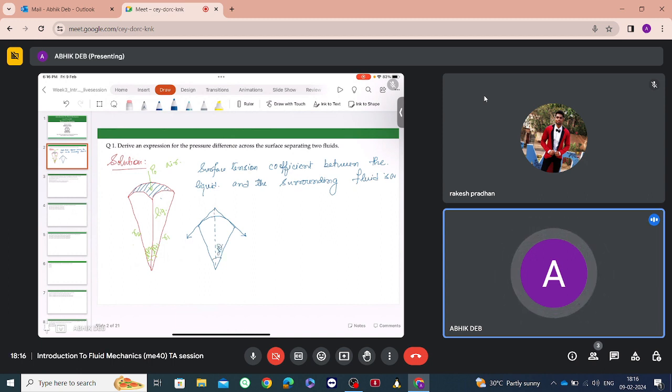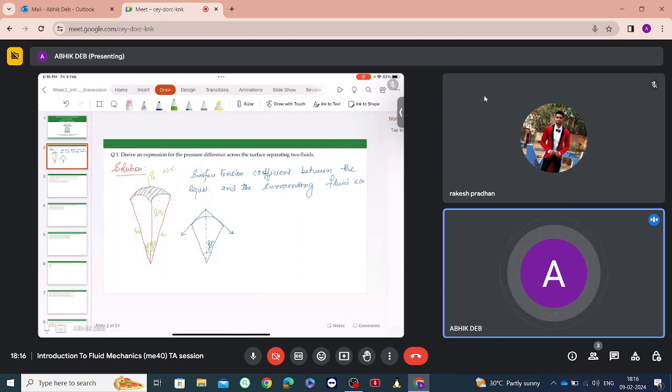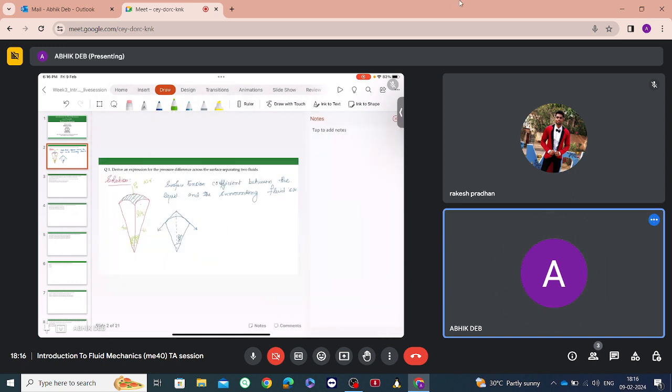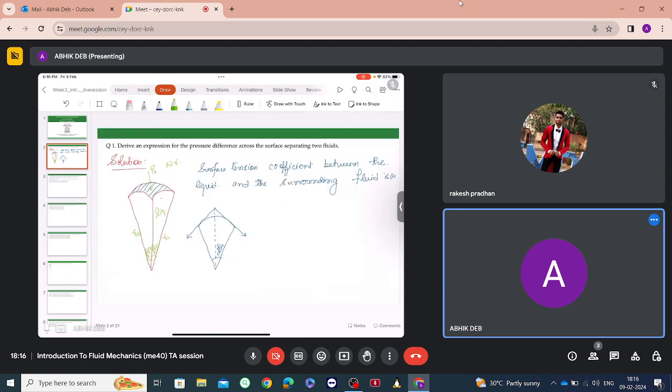This angle is d theta 1, and half of these angles, that is each of these angles, will be d theta 1 by 2, and this angle will also be d theta 1 by 2.